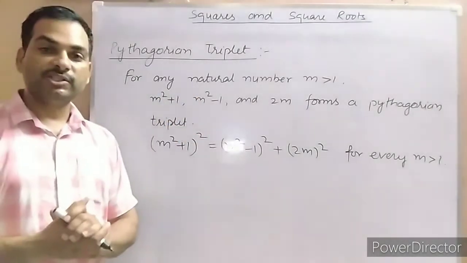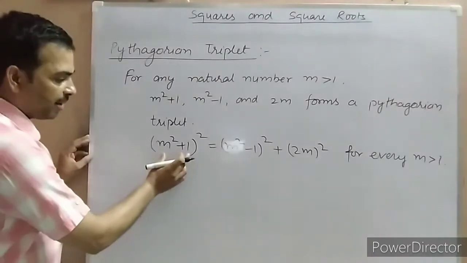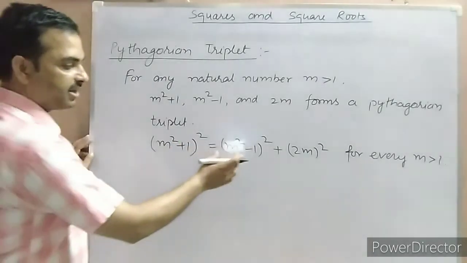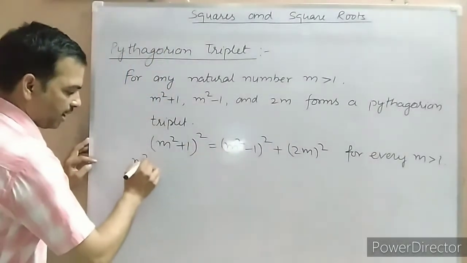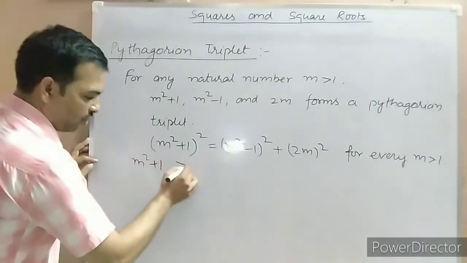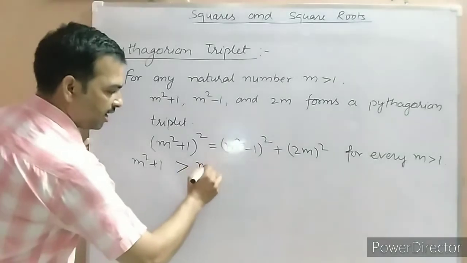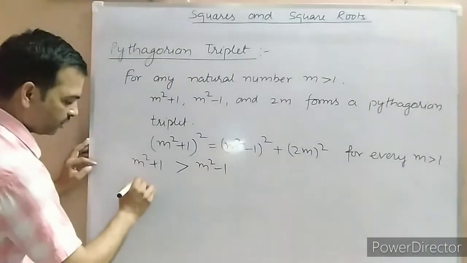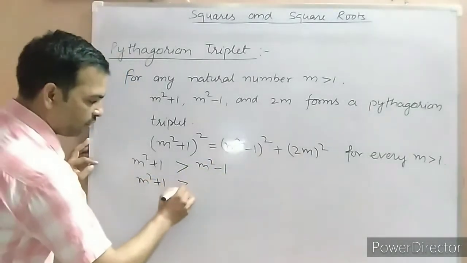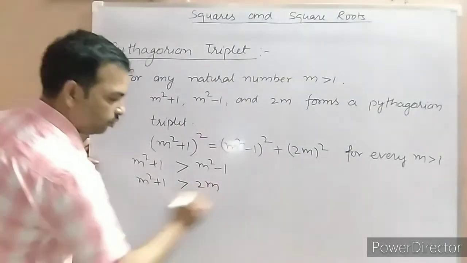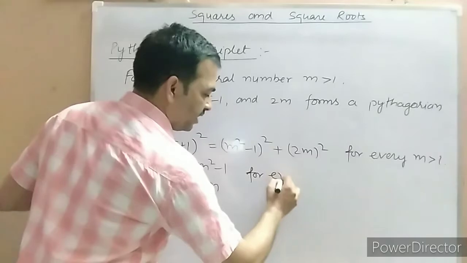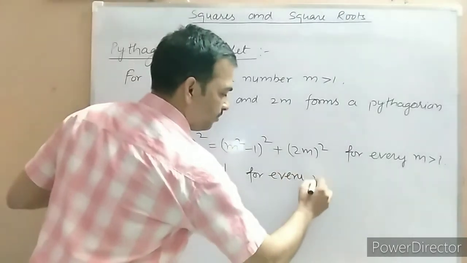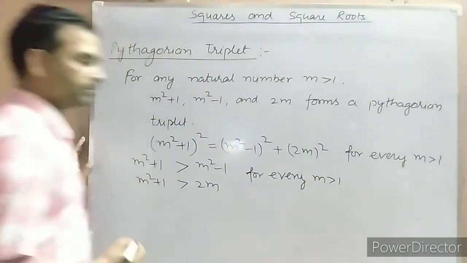Here is an important concept: m square plus 1 is always greater than m square minus 1 and 2m. M square plus 1 is always greater than m square minus 1. M square plus 1 is always greater than 2m for every m greater than 1.